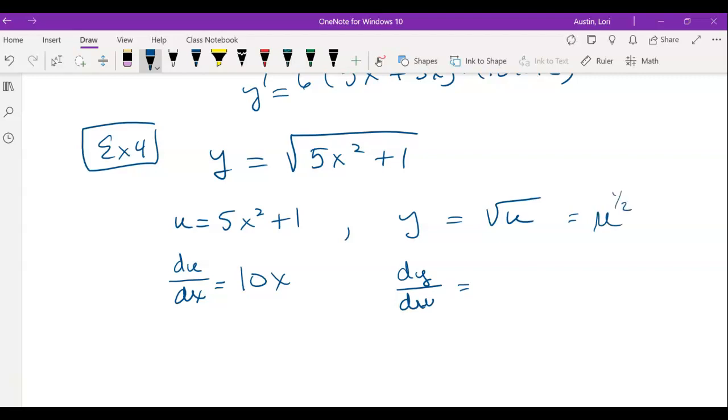Yeah. So when I take the derivative of u to the half, it becomes 1/2 out here, correct? And what's 1/2 minus 1? -1/2. Let's clean that up so I know what it looks like. Isn't that 1/2 radical u?